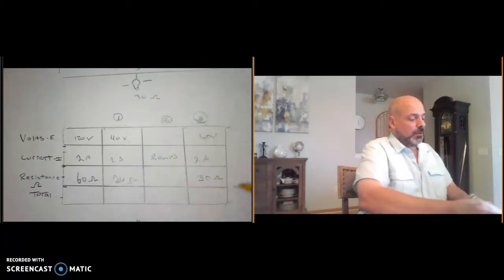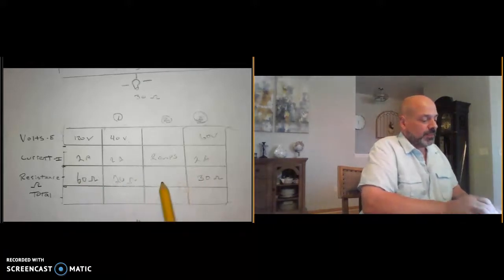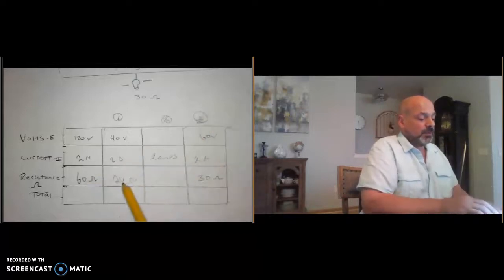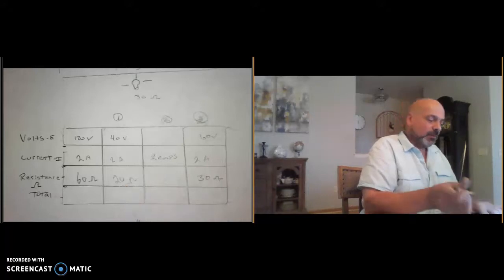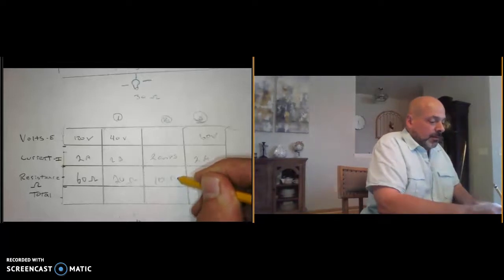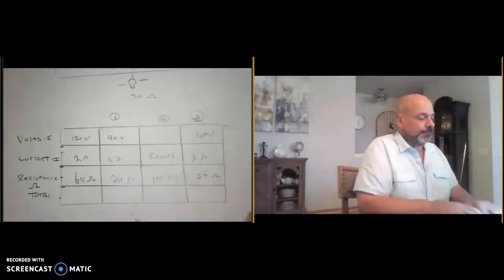So in this row, we have the values that we can figure out what this missing value is. The total has to equal the sum of these 3. So we have 50 ohms here, so we're missing 10. Okay, 20, 10, 30 equals 60.